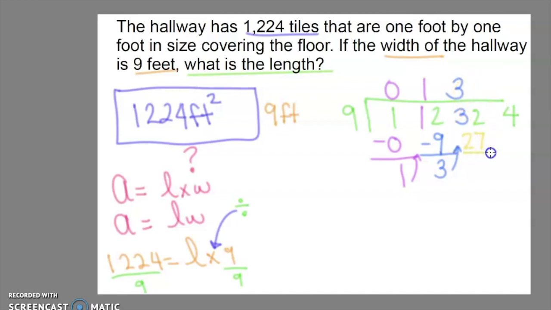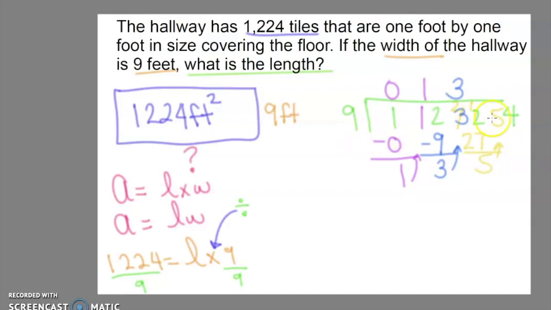So we need to subtract. Can't happen, so I need to borrow from my 3. That becomes a 2. That is 12, you take 7 away from 12. That leaves us with 5. 2, take 2 away, leaves us with nothing. So we're going to take our 5 next to that 4. Now it becomes 54.